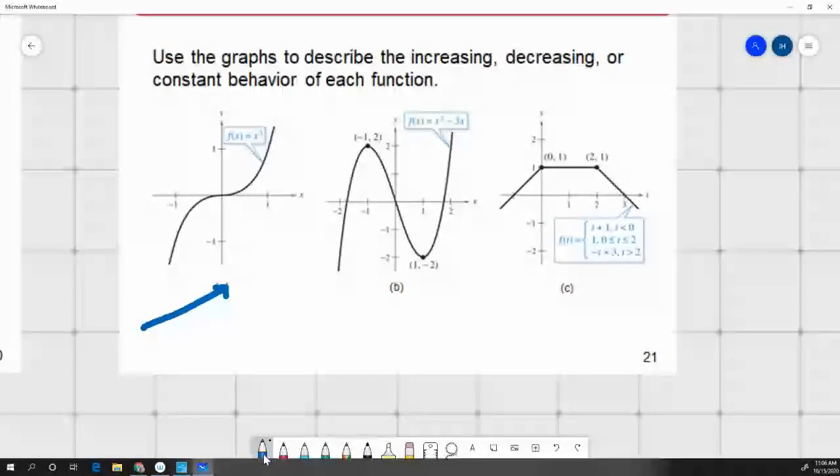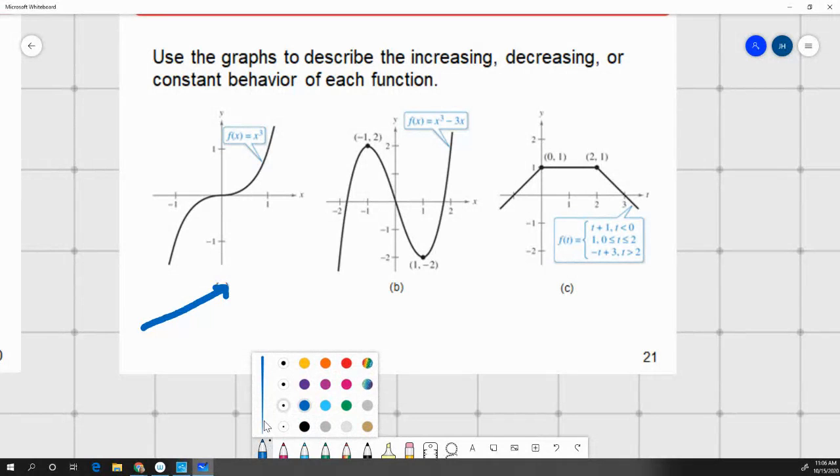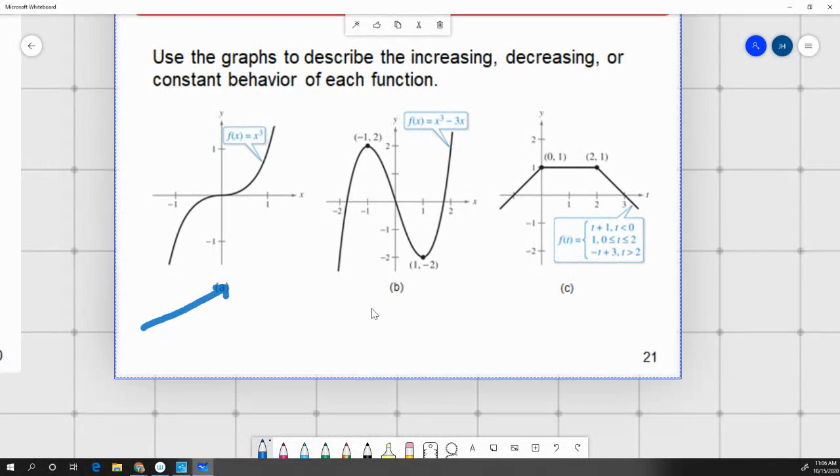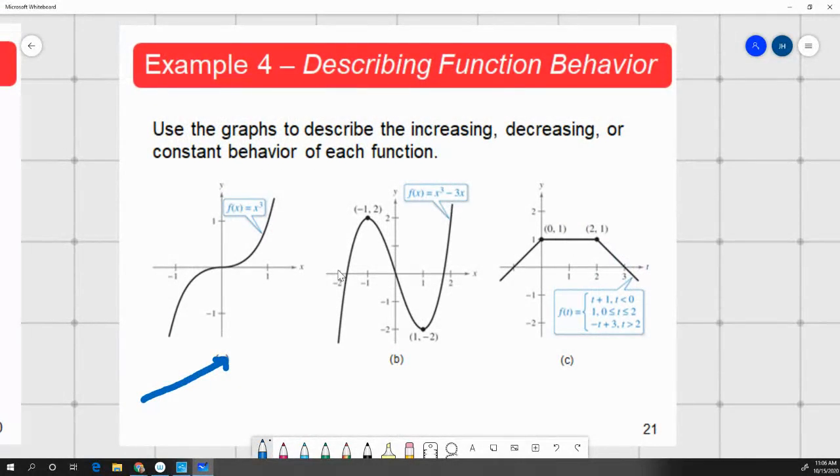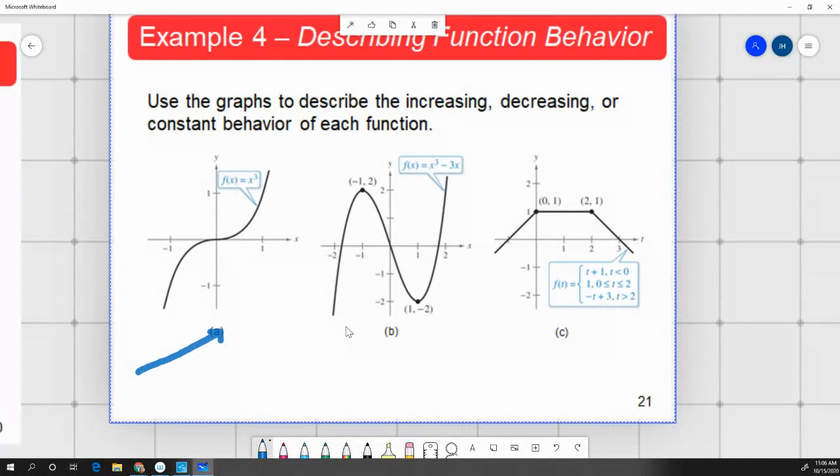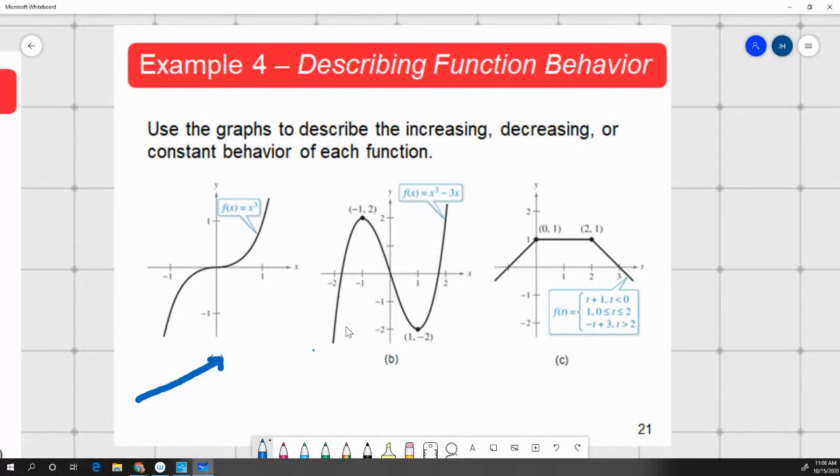I want to make my markers a little skinnier. Here, when we look at this one, it's going to change at intervals. In the beginning, from -2 all the way up to -1, we would say that it's increasing.